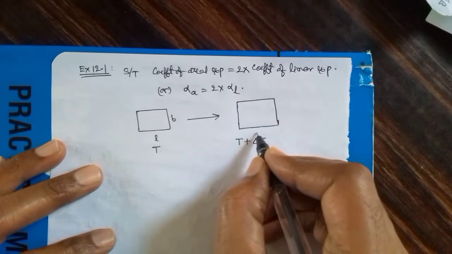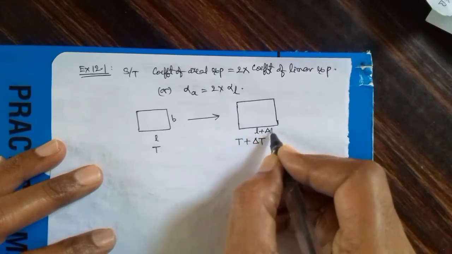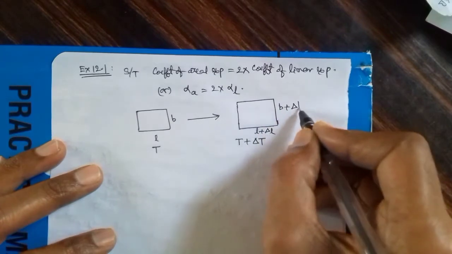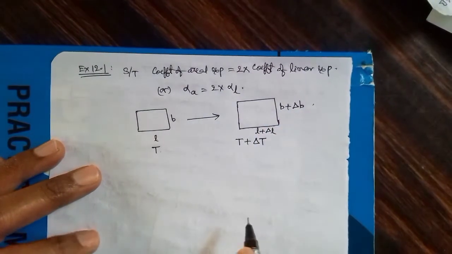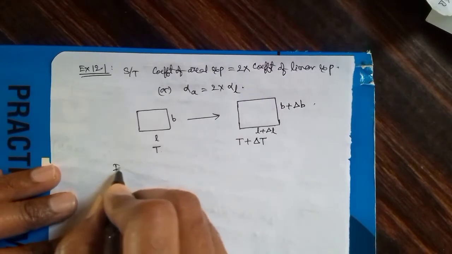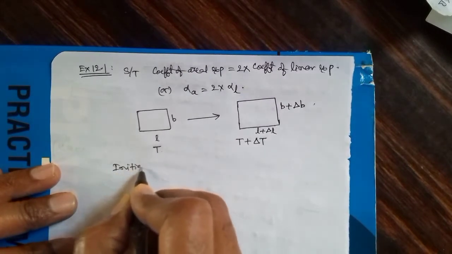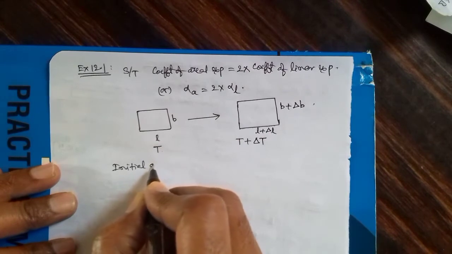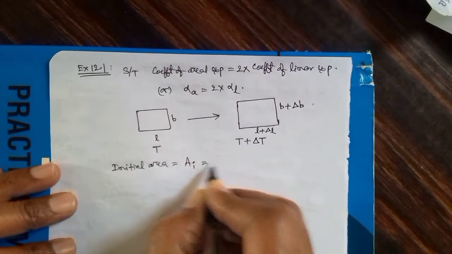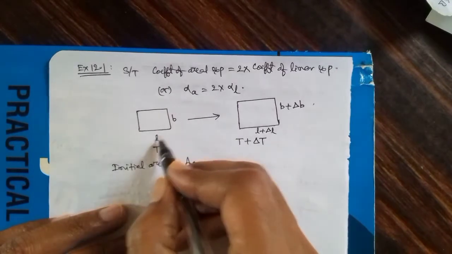Length becomes L plus delta L. Breadth becomes B plus delta B. Now, initial area A I is equal to length into breadth.